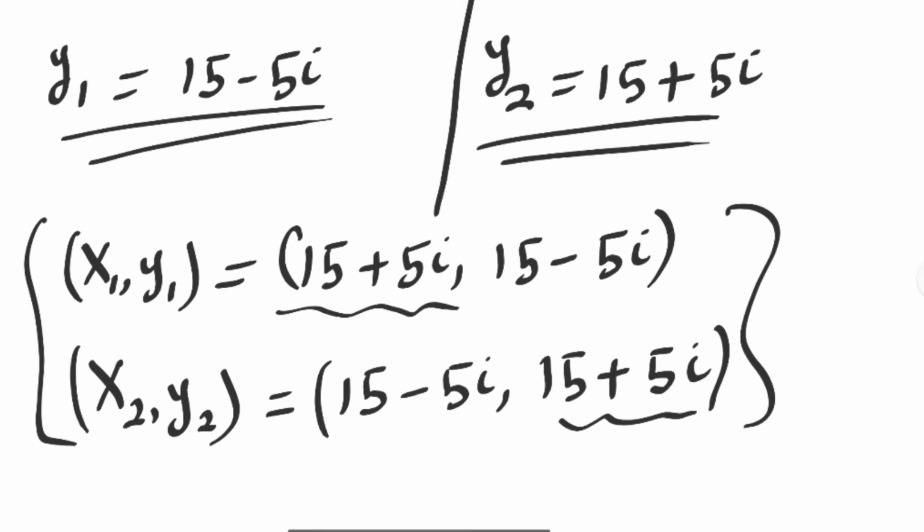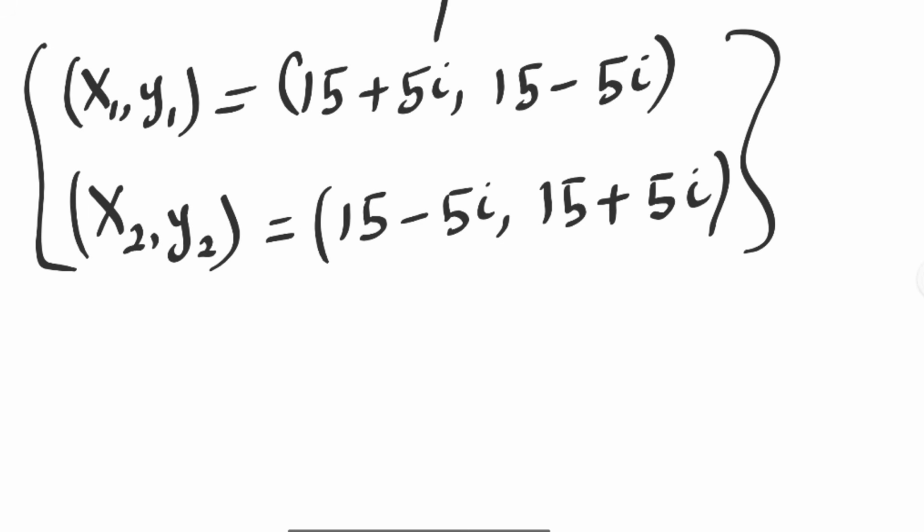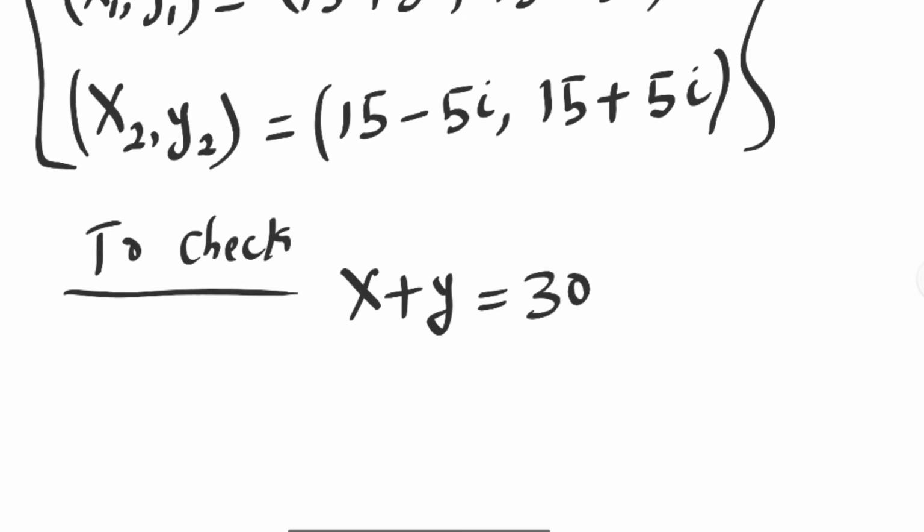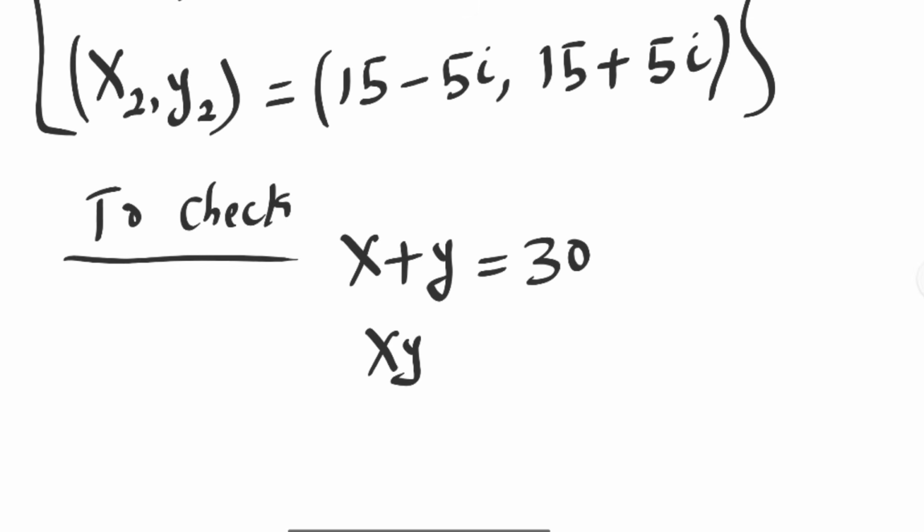We may check to confirm if this answer is right or wrong. Let's check. To check, the given equations are x plus y is equal to 30 and xy is equal to 250.